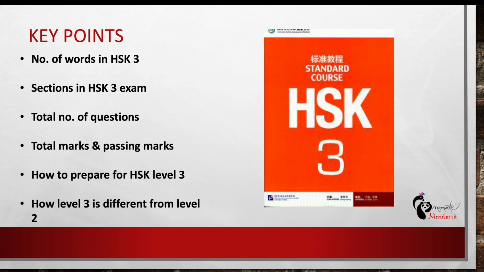Each chapter has a few words. After learning the words and vocabulary, you need to read the dialogues, and based on that you have a grammar point. After that you have exercises. So this book is very systematically designed.